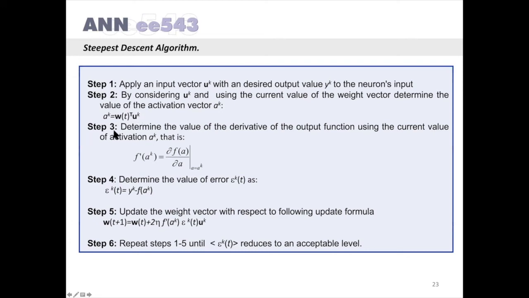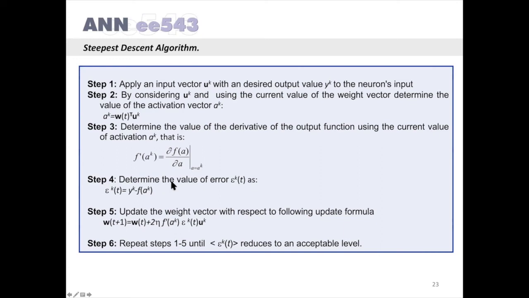Step 3. Determine the value of the derivative of the output function using the current value of the activation ak. That is, the derivative of the output function when the activation is ak is equal to the derivative of f(a) with respect to a at a equal to ak.